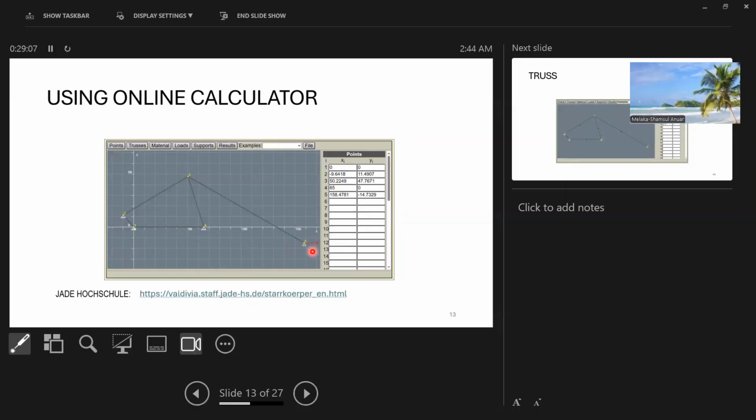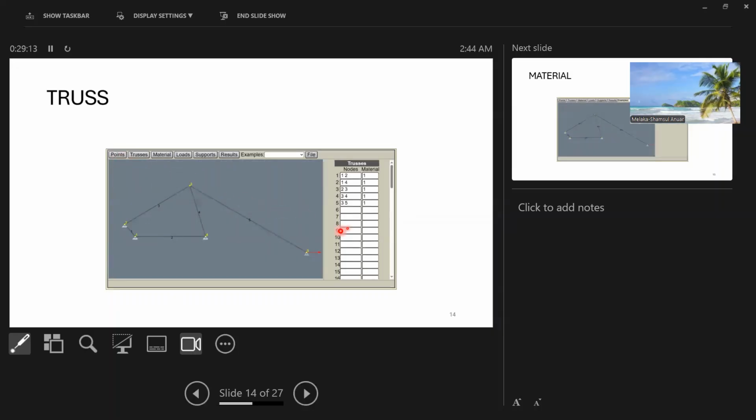All right, and once you have done that for declaring the points, you can create the truss. The truss is basically just connecting 1 to 2, 2 to 3, then 3 to 4, 1 to 4, and the fifth one is 3 to 5. From there, we get 5 links here.